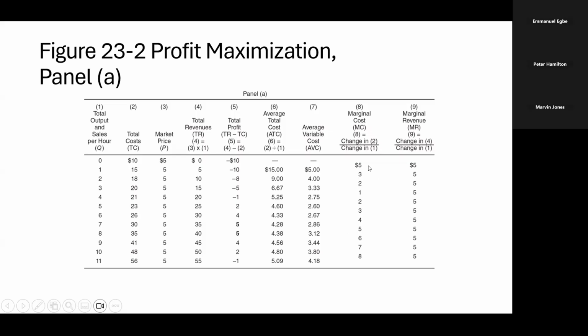The marginal cost will fall and fall, hits rock bottom, but then begins to rise. And so the firm's decision is to cease to increase output at 8 units, because at that point, marginal revenue is equal to marginal cost. But you can also see that this is where they have their profit maximizing output.